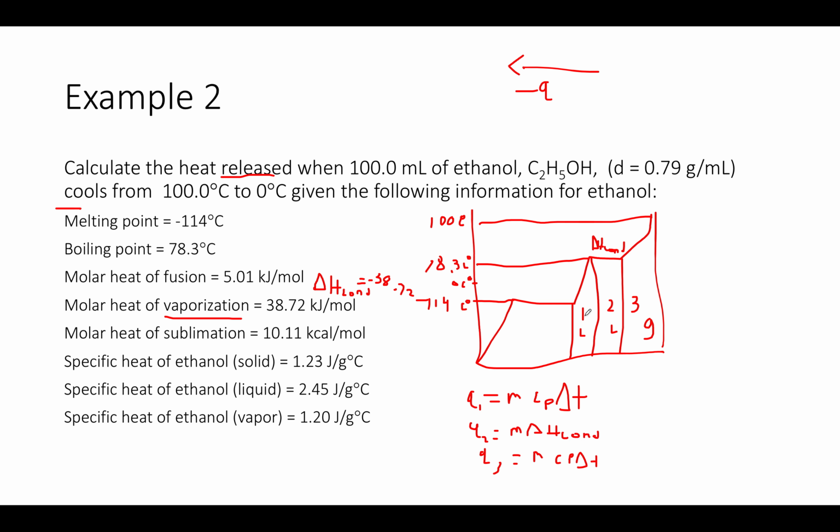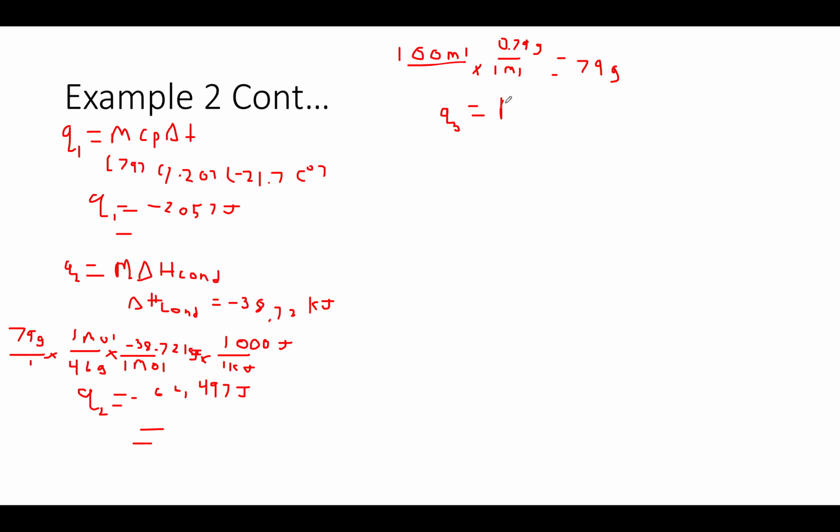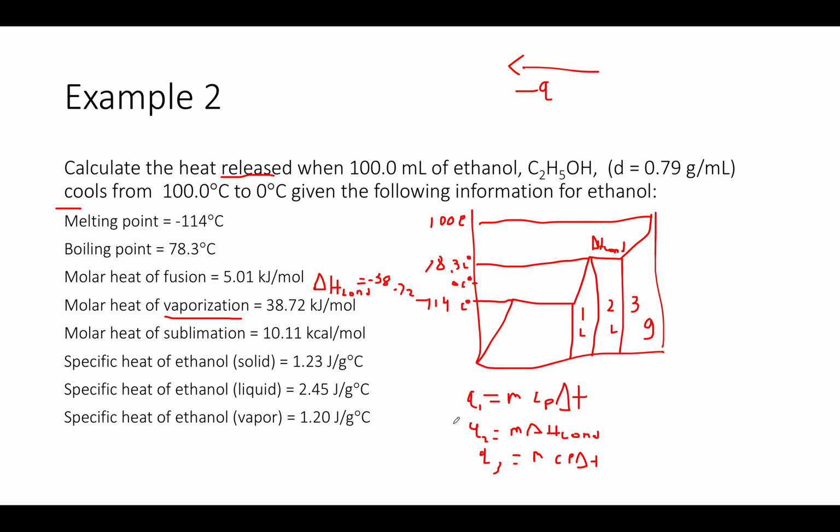Q3 would equal the mass times the specific heat times delta T. I'm going to change these here to reflect so we don't all get confused. So this was Q1, Q2, Q3. This is Q3, Q2, Q1. Just did it the opposite way.